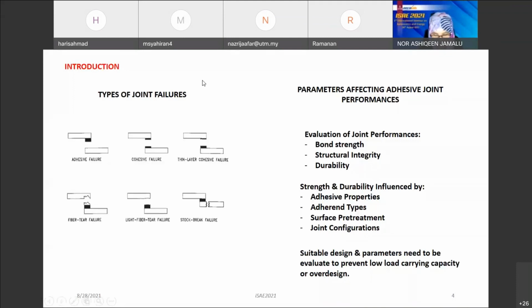In evaluating adhesive joint performance, the physical or chemical properties of the adhesive used are the most important factors, by which bond strength, structural integrity and durability are evaluated. While strength and durability are influenced by adhesive properties, adherend type, surface pretreatment, and joint configuration. Take note, suitable design and parameters need to be evaluated to prevent low load carrying capacity or over design.